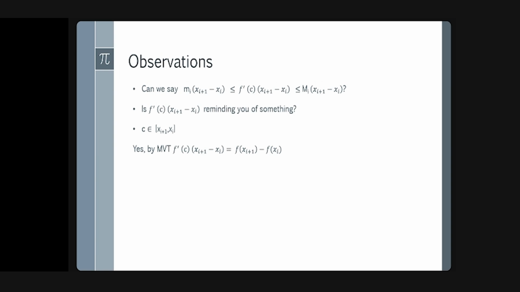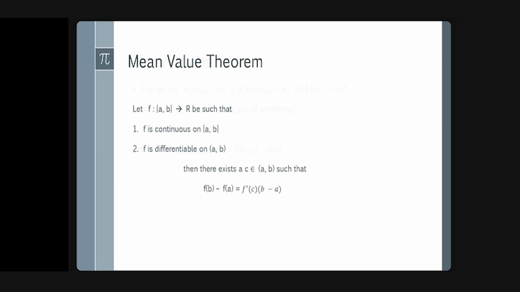Maybe it's better to say F dash c times (b minus a) is equal to F(b) minus F(a). Let's see what exactly the mean value theorem says. Whenever a function F is continuous on the closed interval [a, b] and F is differentiable on the open interval (a, b), then there exists a point c in (a, b) such that F(b) minus F(a) is equal to F dash c times (b minus a).